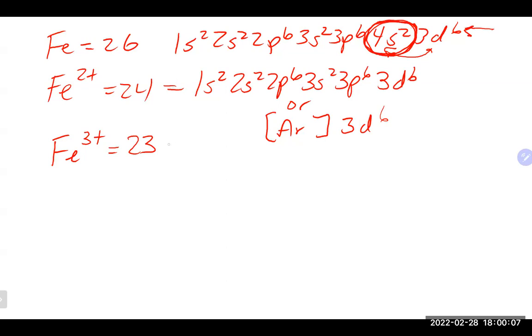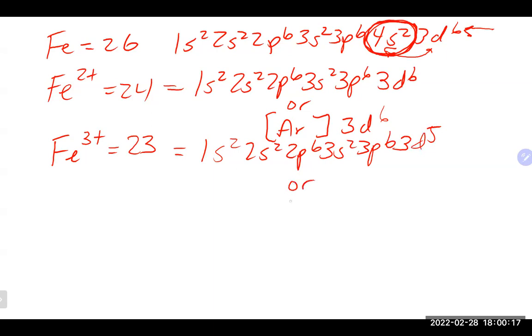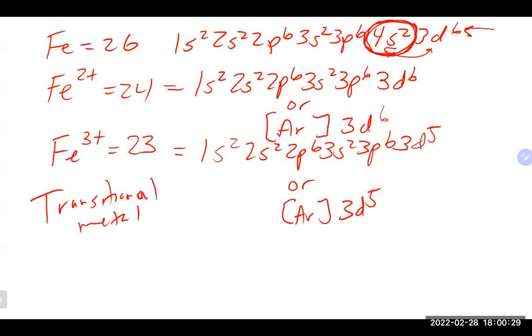And you will end up with 1s2, 2s2, 2p6, 3s2, 3p6, 3d5, which is argon 3d5. So transition metals, and only speaking of transition metals, will always lose the s electrons first, then they will go into the d.